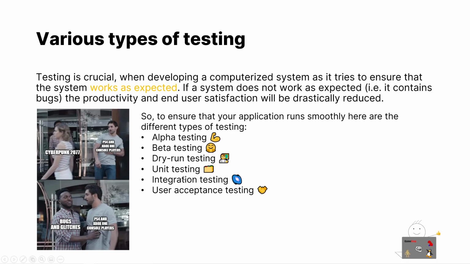In contrast, we have integration testing. Integration testing is testing everything at once to see if everything works together. And user acceptance testing is to see if our application really meets the expectations of our end users.